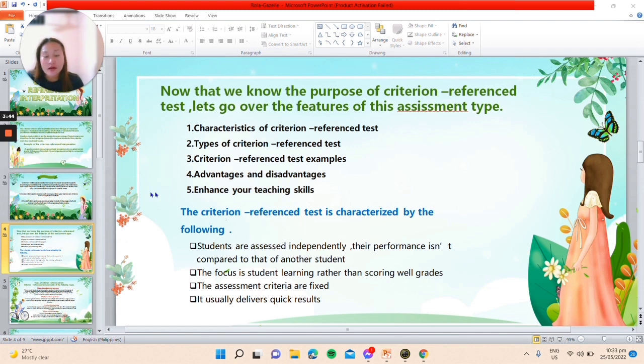And when we say disadvantage, criterion-referenced assessment tests show the degree to which a student has mastered a skill, but they do not allow for comparing the performance of students in a particular location with national norms. It is time-consuming and complex to develop.